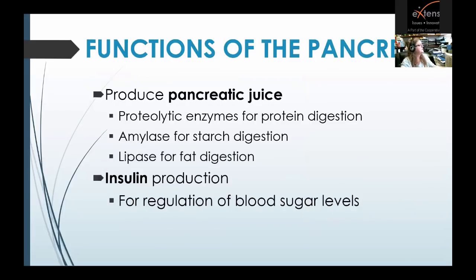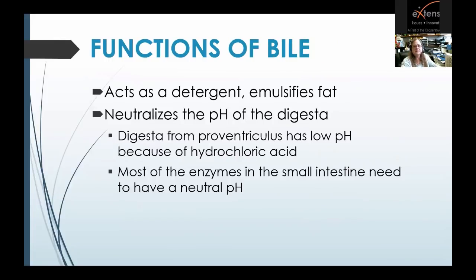Okay, so the pancreas, as I said, produces the proteolytic enzymes involved in protein digestion, the amylase for starch digestion, the lipase for fat digestion. Pancreas, of course, everybody knows is involved in insulin production for the regulation of blood sugar levels. But in the digestive system, it's for the pancreatic juices that are released into the duodenum.